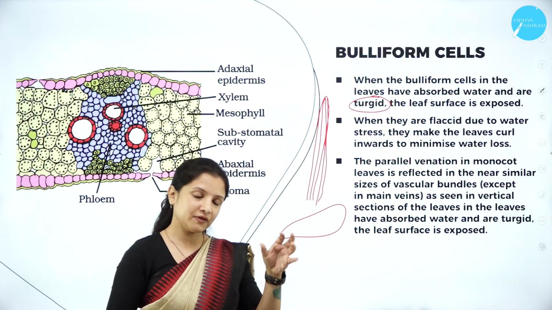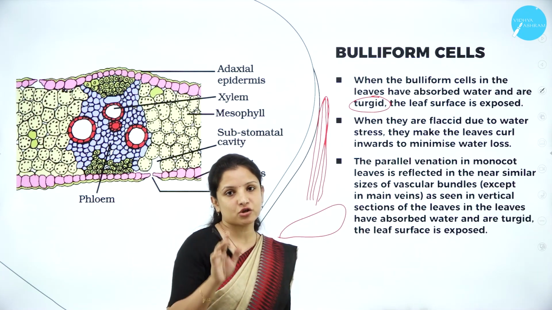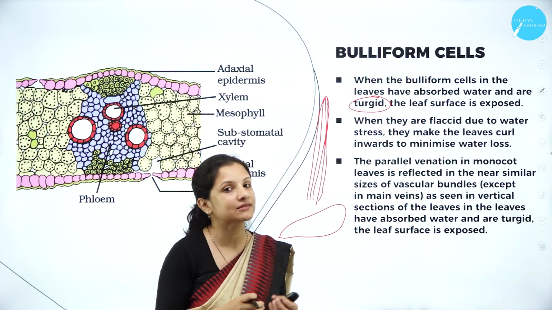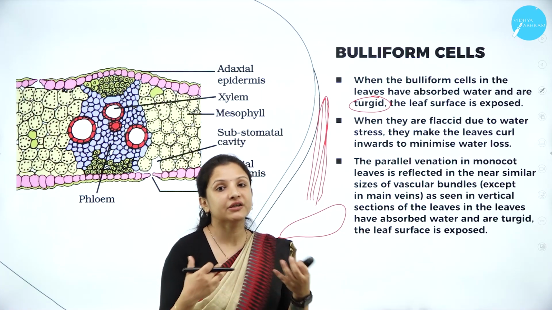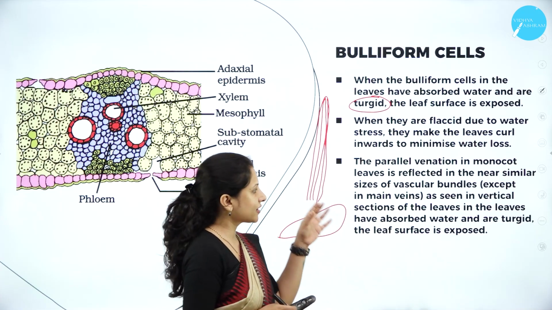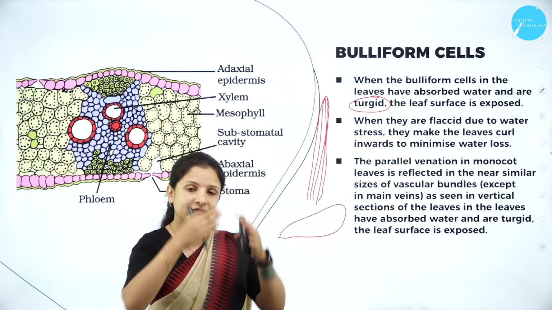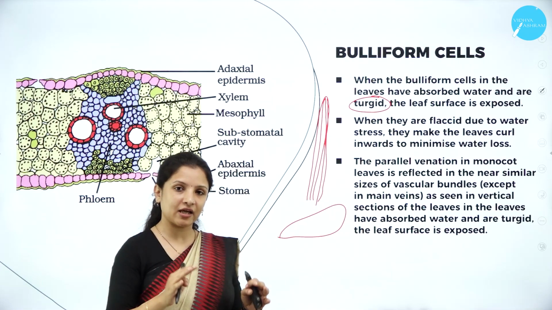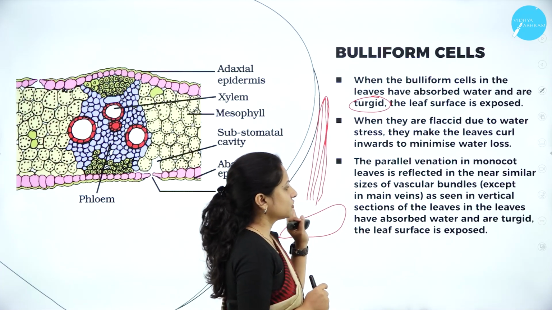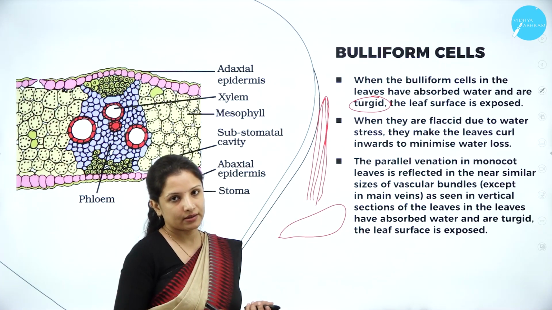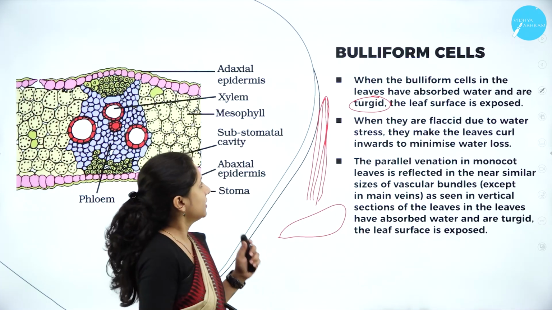During reticulate venation, as the branching of the veins occurs, the size of the veins tends to decrease. Therefore in dicot leaves, the vascular bundles are of different sizes. But in the case of monocot leaf, they have parallel veins, which are all of the same size. Therefore the vascular bundles are also of the same size. So now we know the difference between the dicot and the monocot leaf.